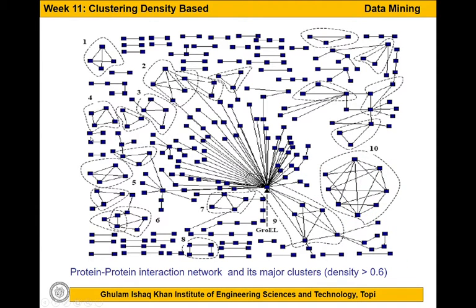And now, for example here, smaller clusters can also be extracted. For example, this is a very small cluster with 2 nodes, and if we see here, this is another, relatively bigger cluster.